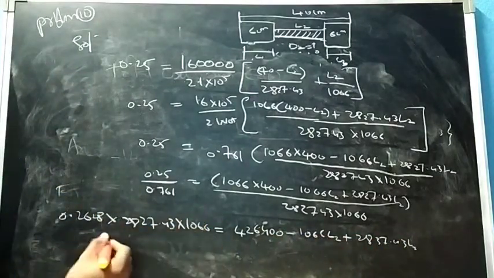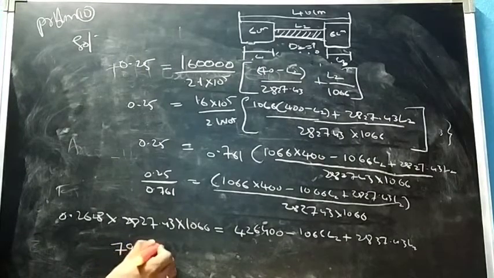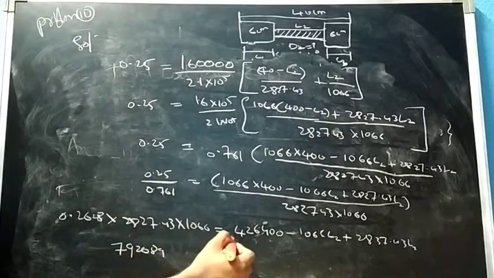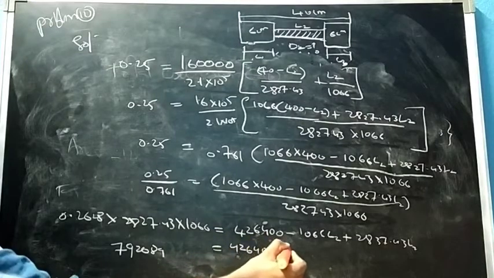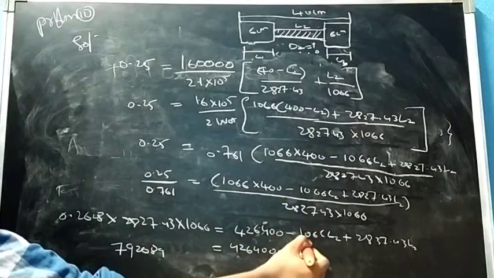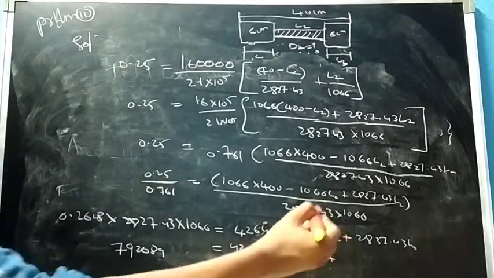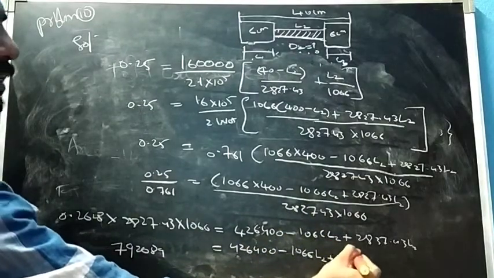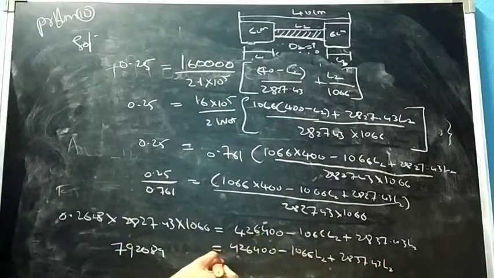So if you put this on your calculator, it will become 792089 equals to 426400 minus 1066 L2 plus 2827.43 L2.